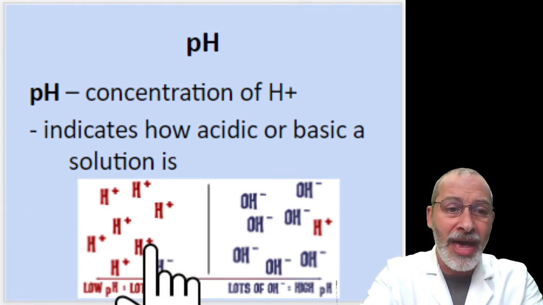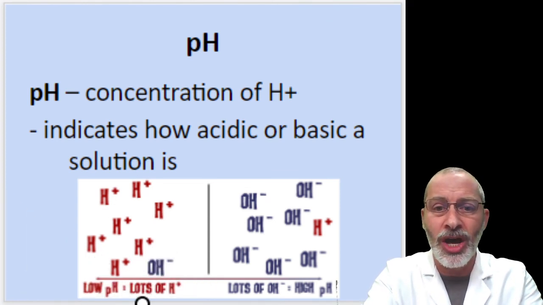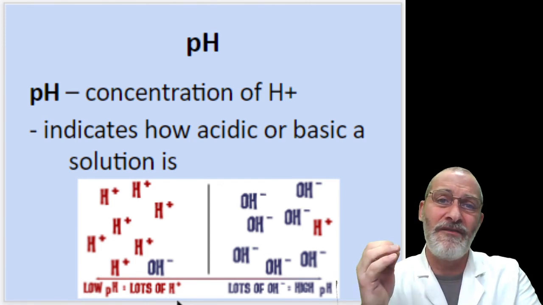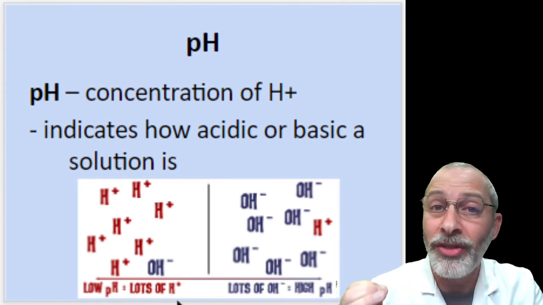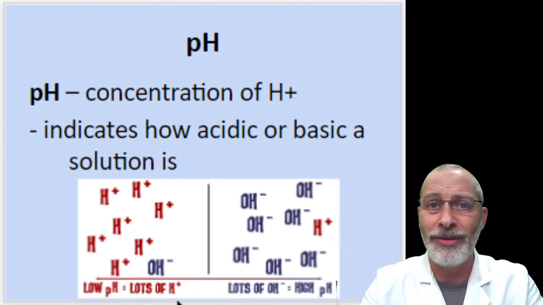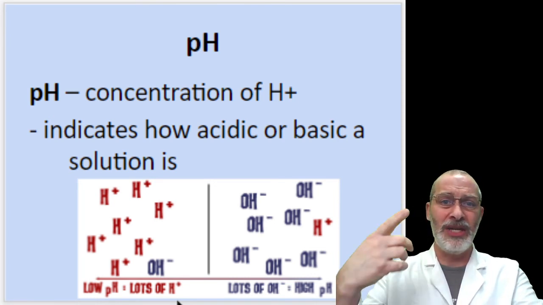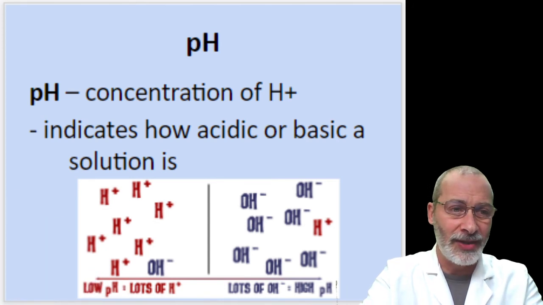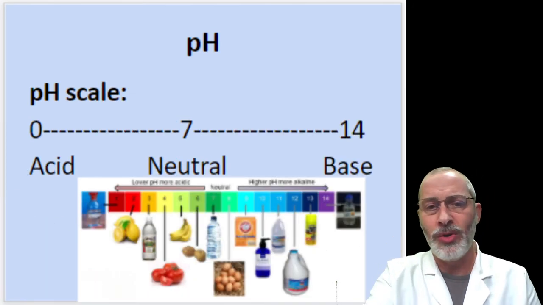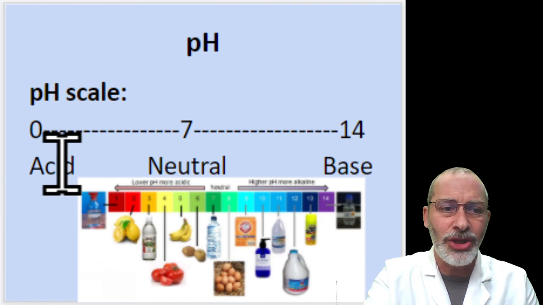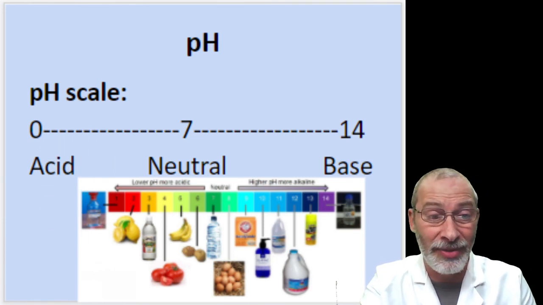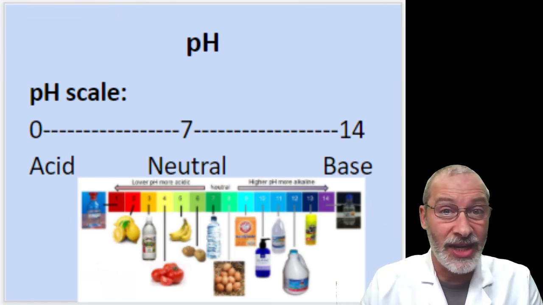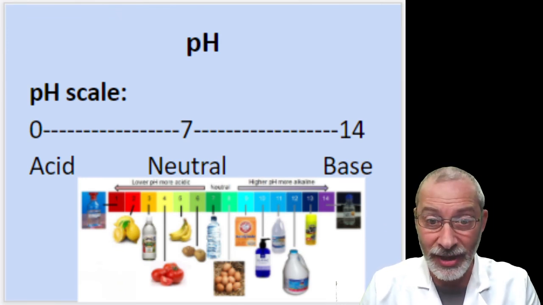Again, it measures the concentration of hydrogen ions. And it's kind of a funky, what is called a logarithmic scale. We're not going to get into the mathematics of that, but it is an inverse exponent scale. All you need to know is this: the lower the pH, the more acidic something is. The higher the pH, the less acidic and the more basic something is.